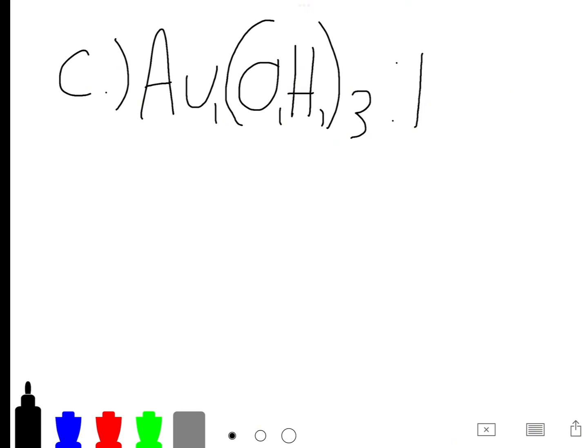When you have parentheses and the subscript on the outside, you're just going to multiply. 1 times 1, 1 times 3 is 3.